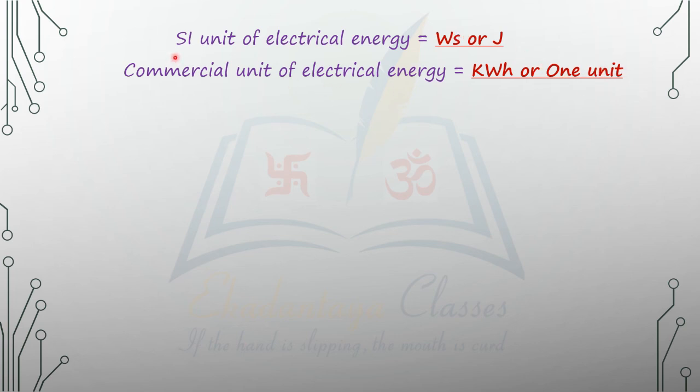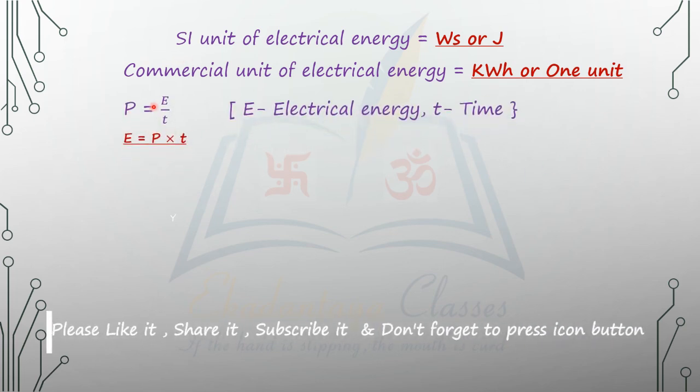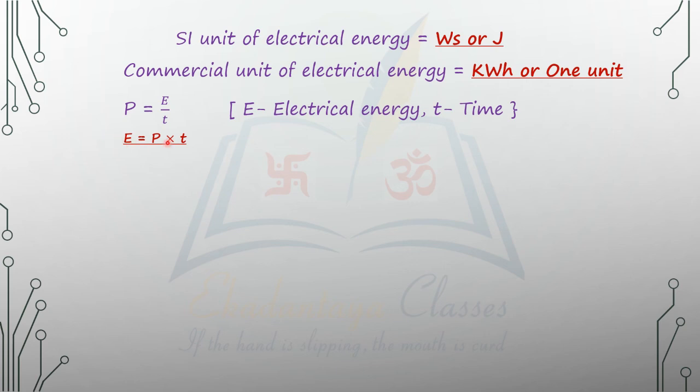It's a commercial unit. You usually use kWh. P is equal to E by T, where E is electrical energy and T is time. E is equal to P into T.